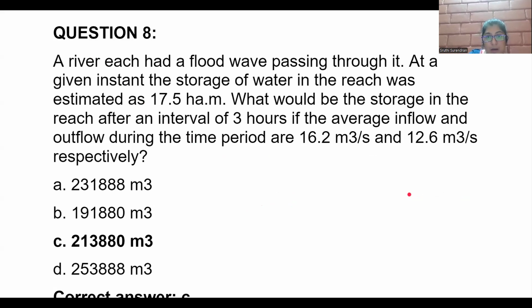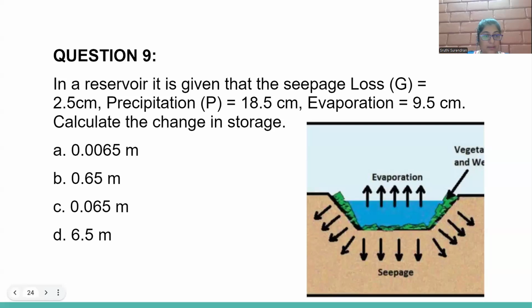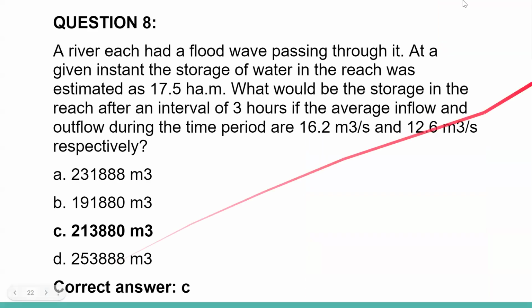So let's see how this is done. Here they have given that at some river reach, at a given instant, the storage of water in the reach was estimated as 17.5 hectometer. So initially, the storage given is 17.5.